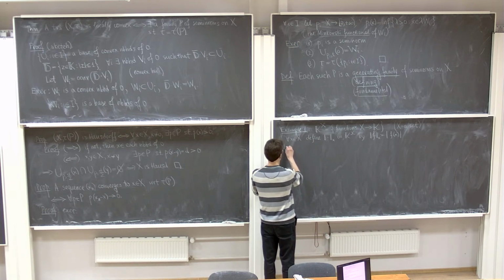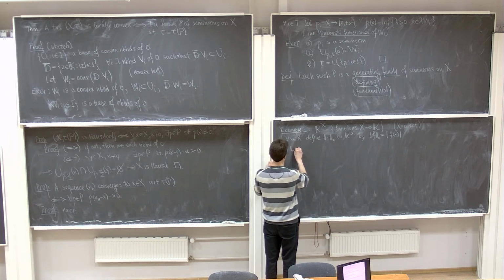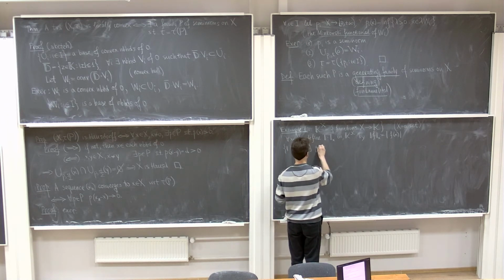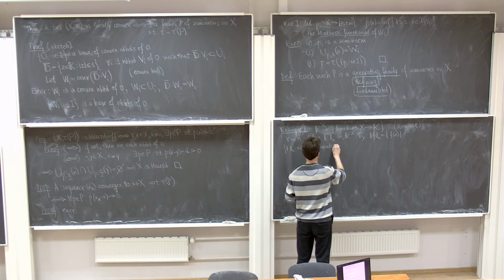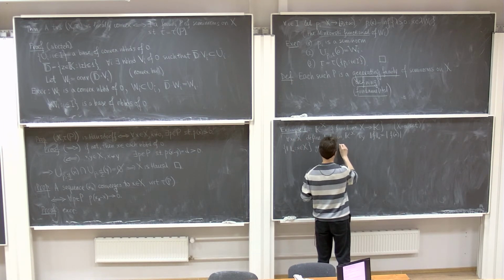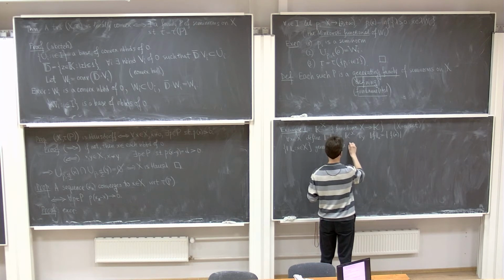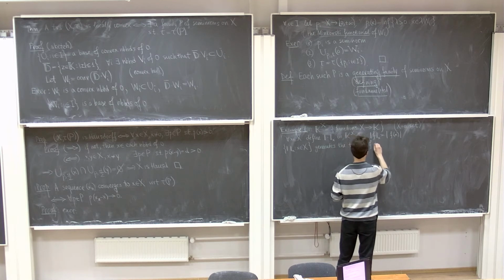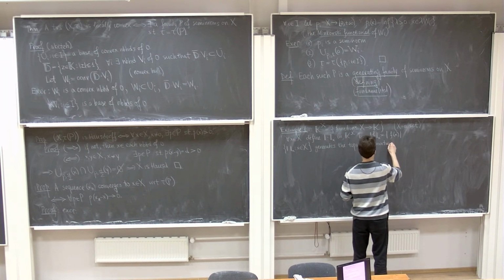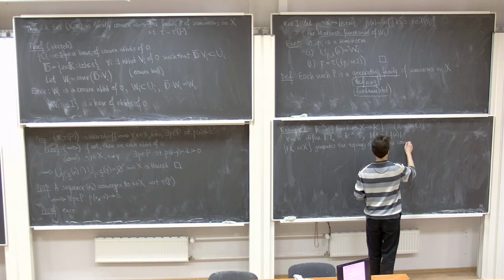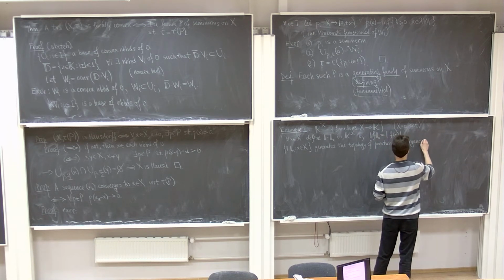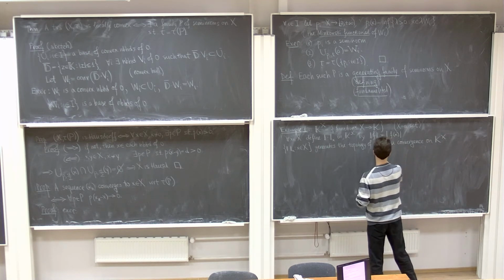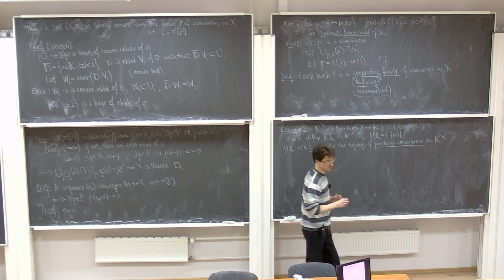So the resulting family of seminorms generates a locally convex topology on K to the power X. And this topology is called the topology of pointwise convergence on K to the power X. Why is it so called?